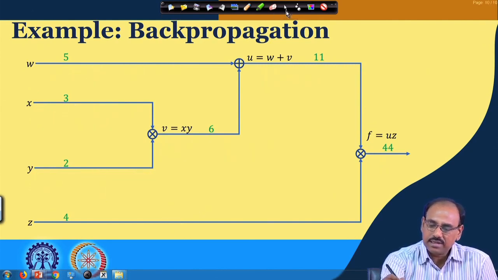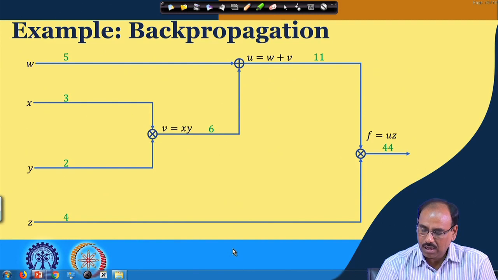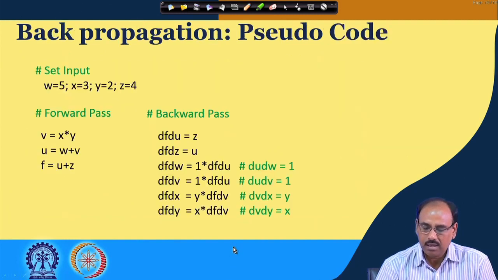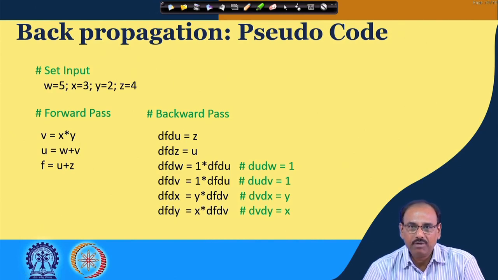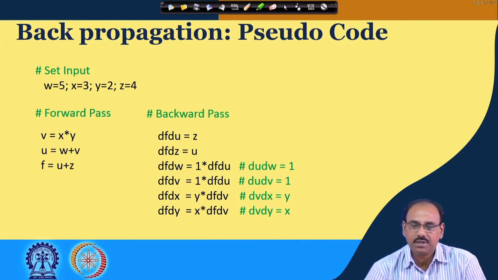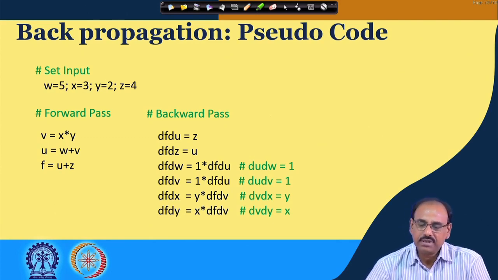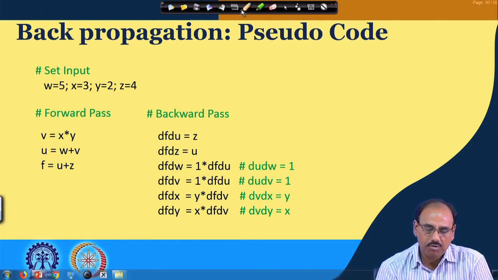So, let us see how we can implement this in modern programming languages. I will just put this because this is the kind of structure or the constructs which are given by modern languages meant for deep learning or machine learning implementations. So, first you set the input values.